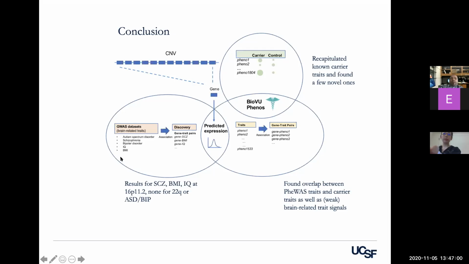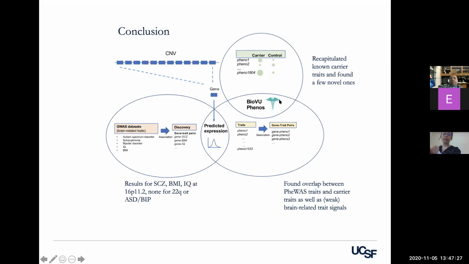So the first way we did this was we took these brain-related traits, we took these large data sets and tried to find pairs of genes that are associated with these 5 traits: autism, schizophrenia, bipolar, IQ, and BMI. So at 16p, we found results for schizophrenia, BMI, and IQ, not for autism or bipolar disorder, and none for 22q.